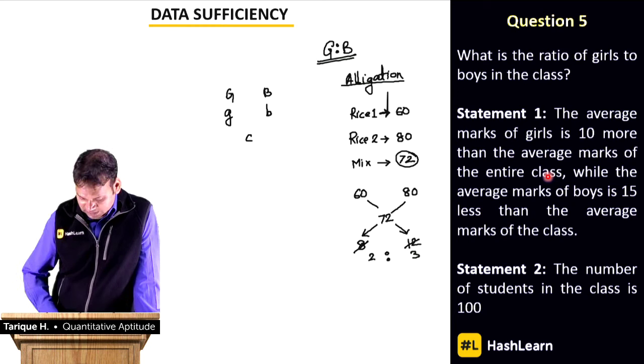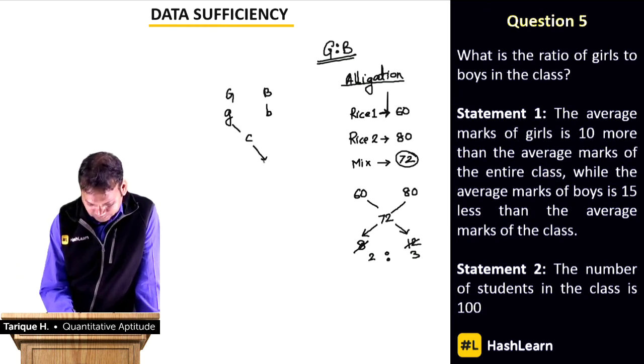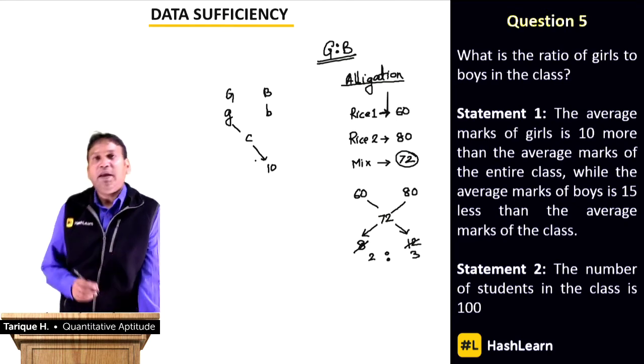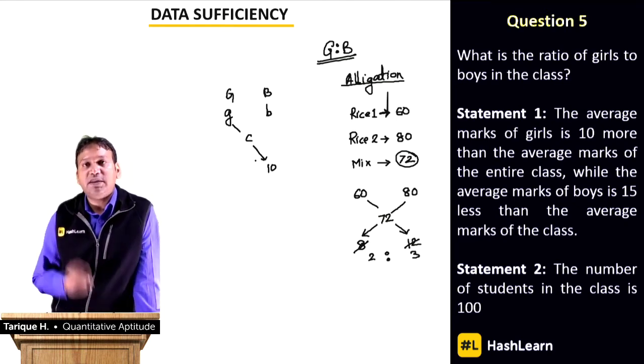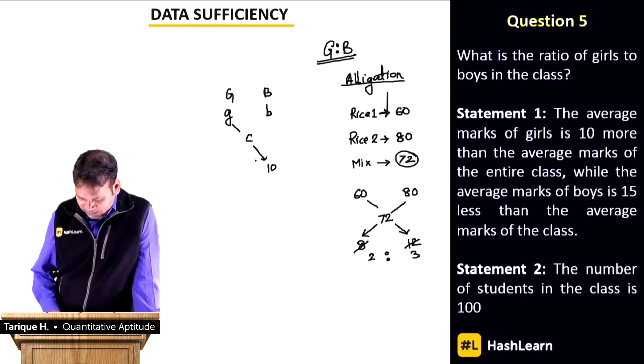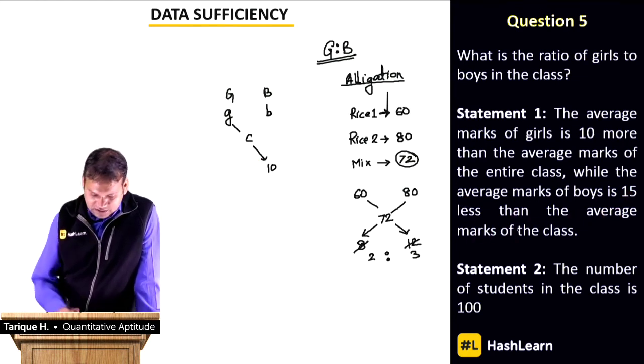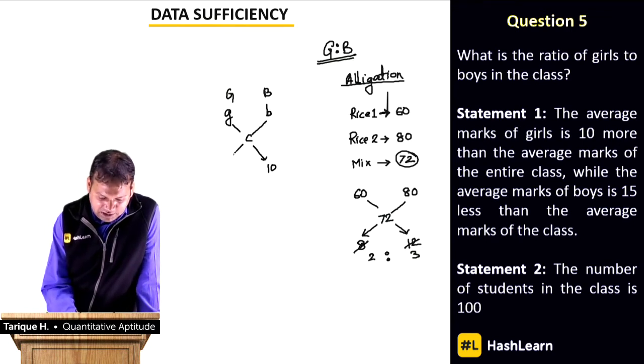That means the difference between G and C is 10. Now let's see what else is given. The average marks of boys is 15 less than the average marks of the class. That means the difference between C and B is 15, and that's all we needed.